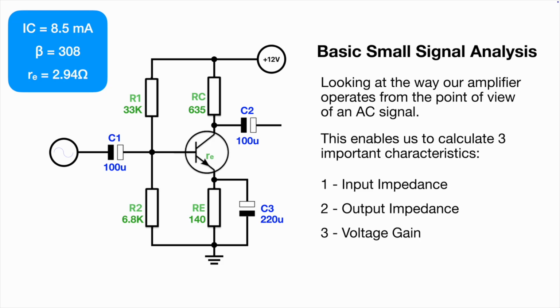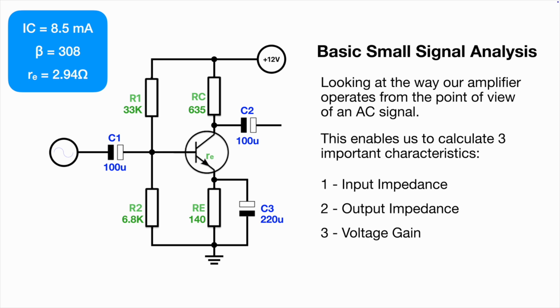Now, I say impedance, but the truth is, what we will be calculating is a pure resistance. We're going to be ignoring reactance, and I'll say a bit more about that in a moment, and assuming that we have a pure resistance. So although I'm calling these input impedance and output impedance, in truth they are resistances.